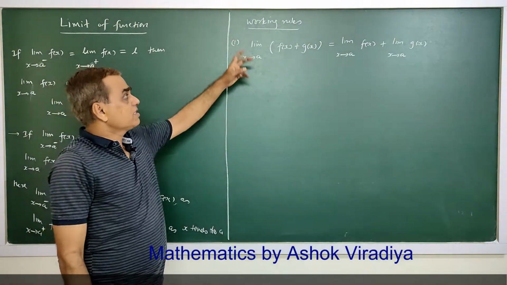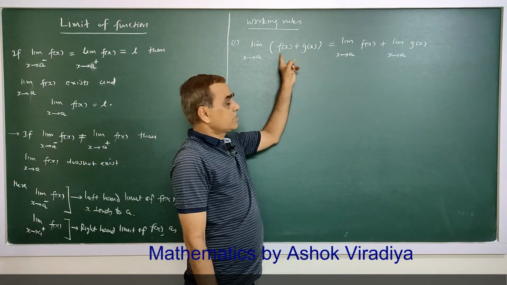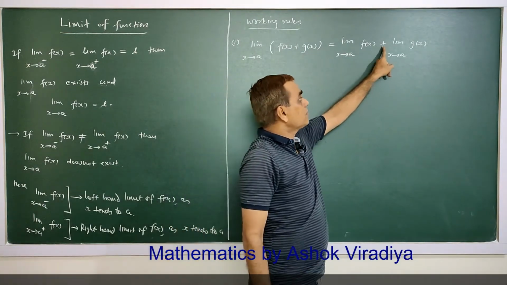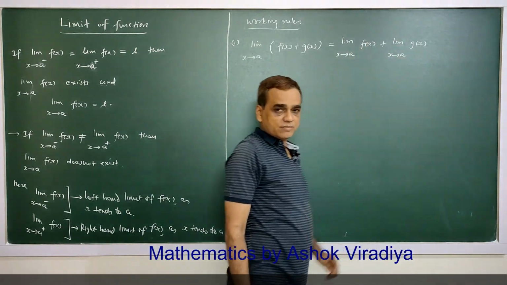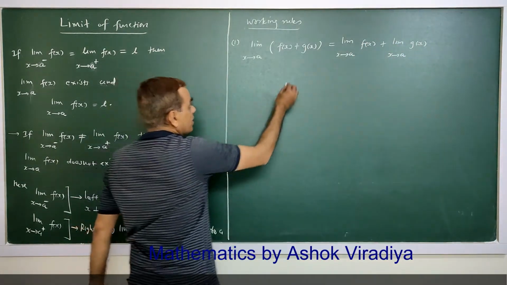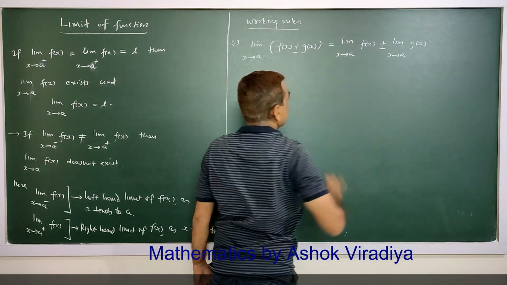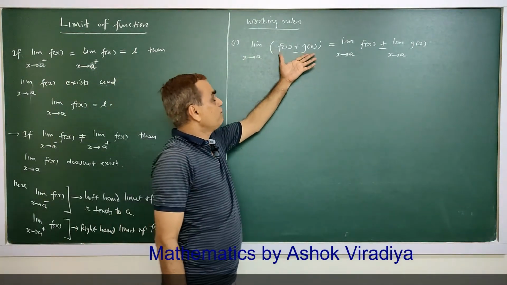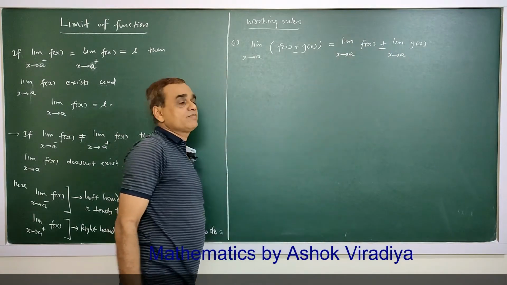It means the limit of the sum of two functions is equal to the sum of their individual limits. A similar rule is for minus, meaning the limit of the difference of two functions is equal to the difference of their individual limits.